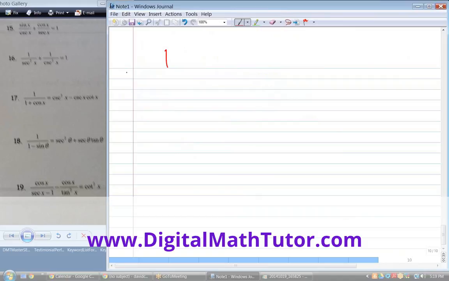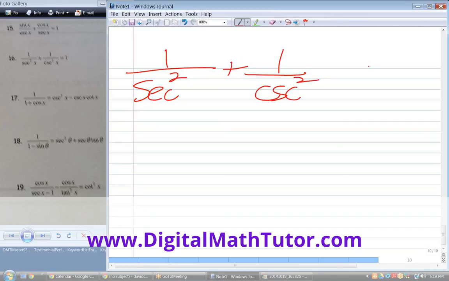All right, 1 over secant squared plus 1 over cosecant squared equals 1. So we're going to have to get this into sine squared plus cosine squared again. Right.